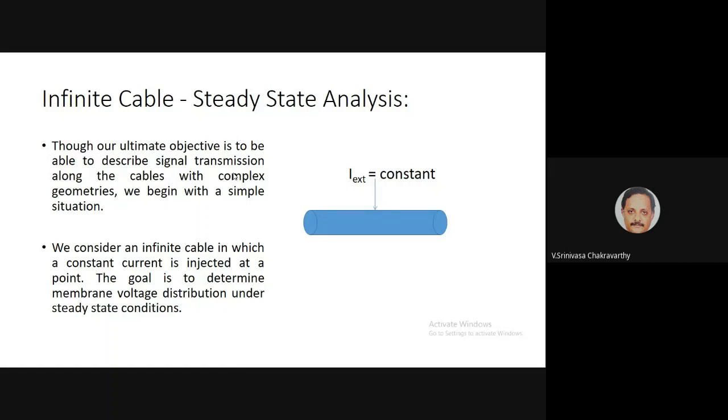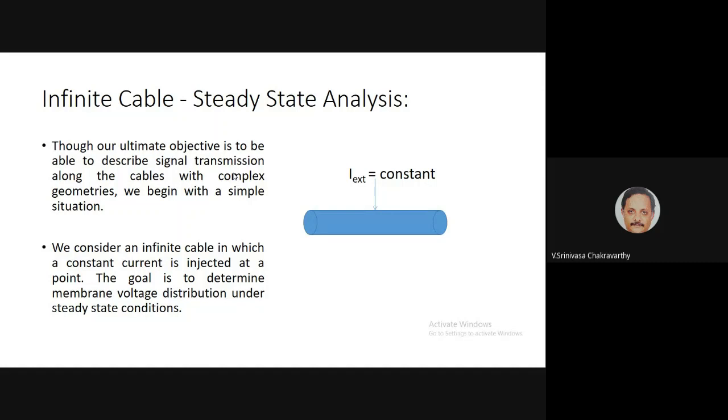So it is a point source spatially, and temporally it's a constant current, so we'll represent it as a step input in time. If you inject current like that in an infinite cable, what is the voltage distribution like?